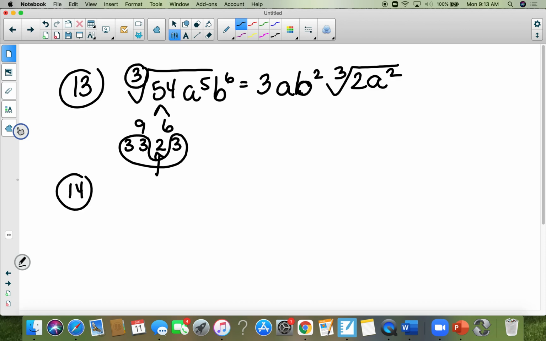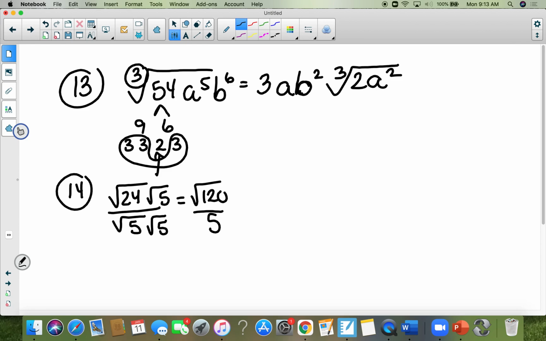14, break it up into the square root of 24 over the square root of 5. Multiply the top and the bottom by the square root of 5. I'm going to have a 5 left on the bottom. 24 times 5 is 120, square root of 120.